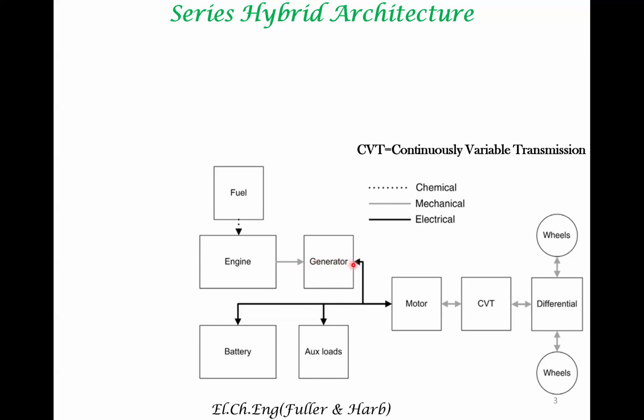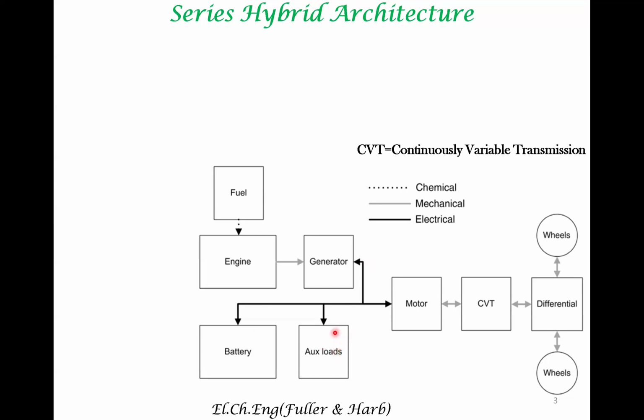Then what is seen are these double arrows, right? Double-edged arrows. So that means by running the generator, you are charging the battery. And then the generator can also be utilized for running auxiliary loads. For example, you are having an air conditioning system in the vehicle or lights of the vehicle.